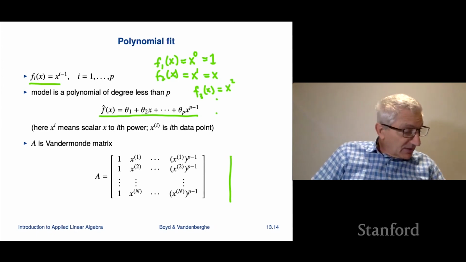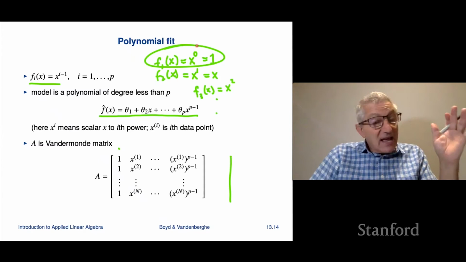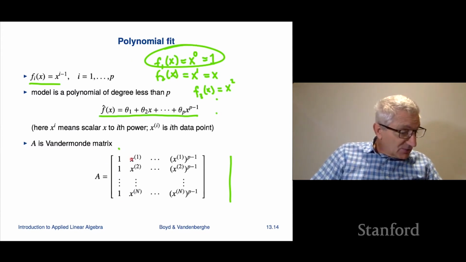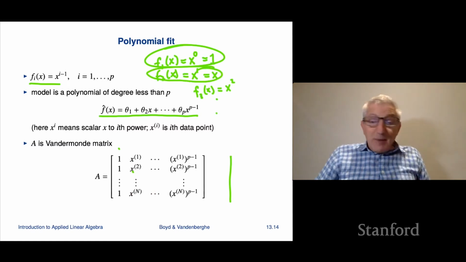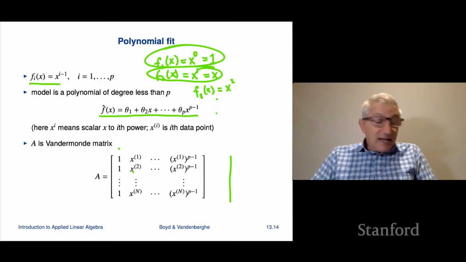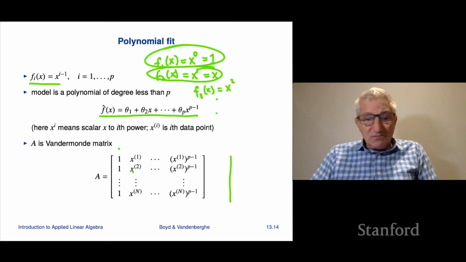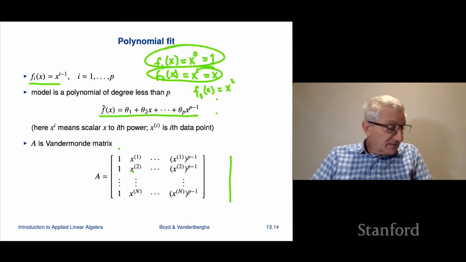For example, the first column tells you about the first basis function. The first basis function is just 1, and that's why you see all these 1s. The next one is just x1, x2, and so on. And the next one would be the squares of them, and so on. So this matrix comes up a bunch of times. It's called a Vandermonde matrix. I think we've seen it before. You don't have to know the name. Doesn't matter. It just happens to have a name. It's named after a mathematician, Vandermonde.